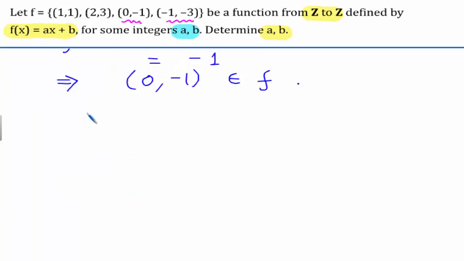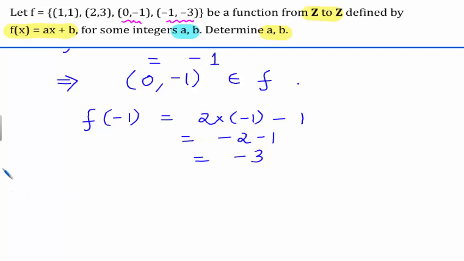Now, let us find out f of minus 1. f of minus 1 will be equal to 2 into minus 1 minus 1, that is equal to minus 2 minus 1, that is equal to minus 3. This implies minus 1, minus 3 also belongs to the function f.